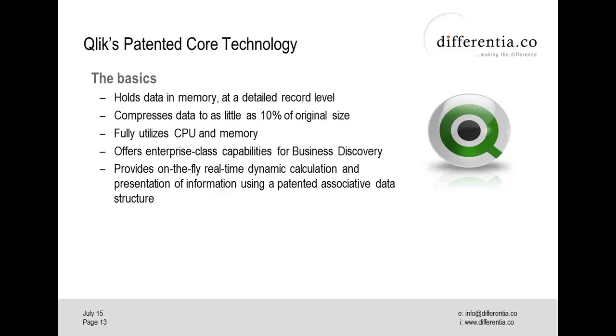As part of that, we compress data to as much as 10% of the original size, which means that we can hold huge amounts of data in memory, and we support companies like Barclays Bank or Deutsche Bank or Vodafone, a number of other huge global businesses who hold all their transactional data in memory in Qlik. And the real key to this is that Qlik provides on-the-fly and real-time dynamic calculations of data without any pre-aggregation. And we do this through what is a patented associative data structure.